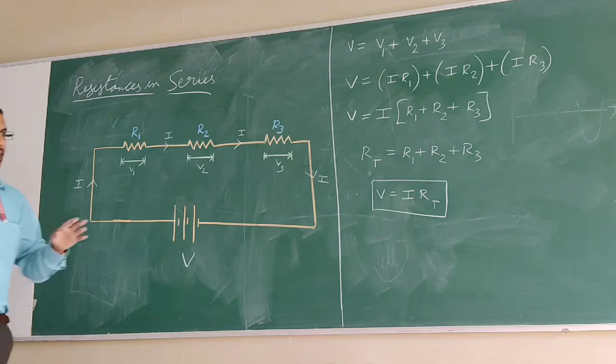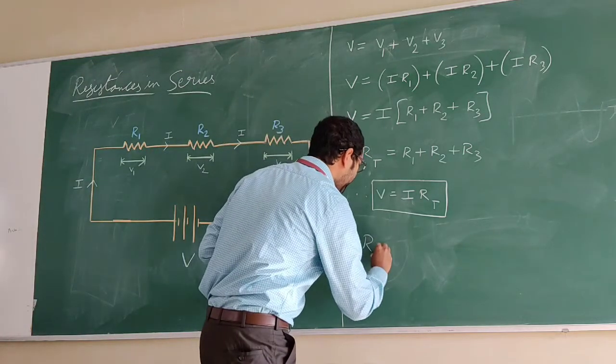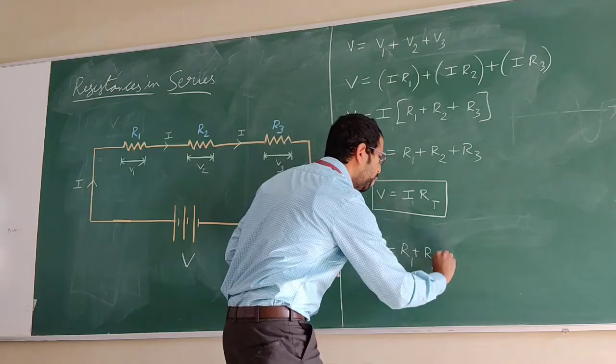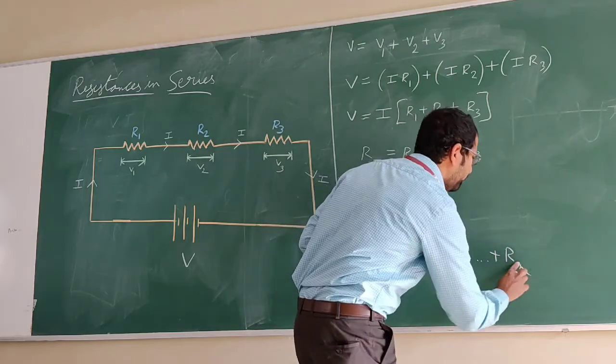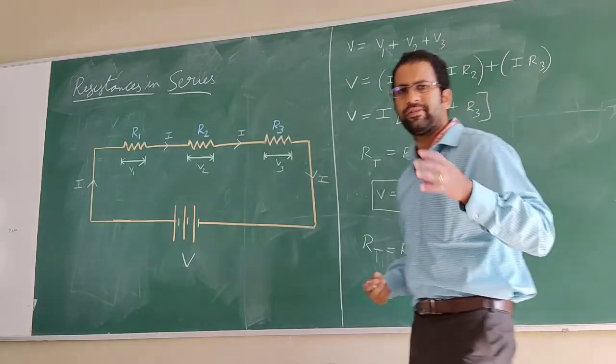Now, when you have n number of resistances, RT is nothing but R1 plus R2 and so on, up to n number of resistors. Obviously, n is a finite number.